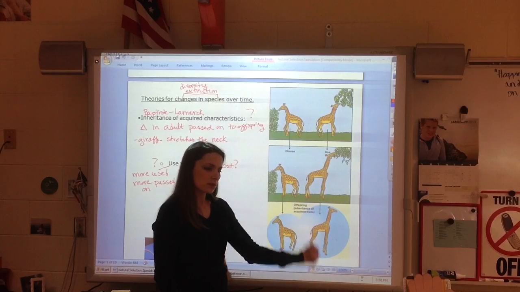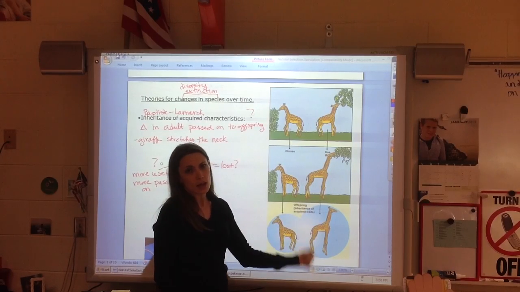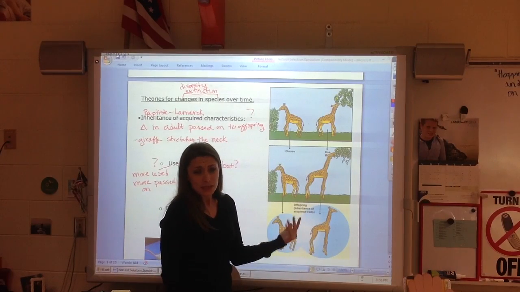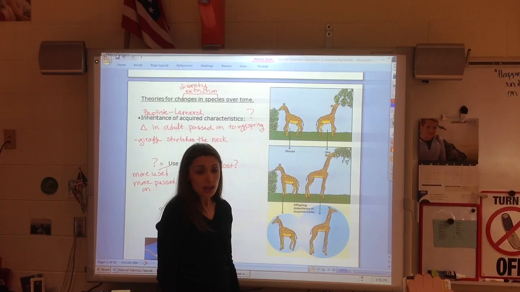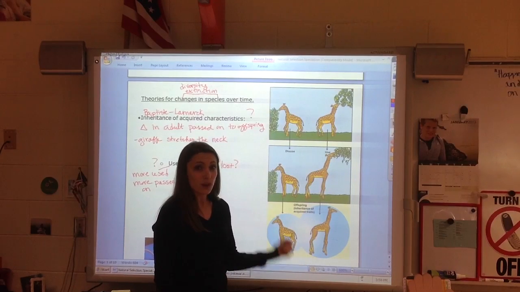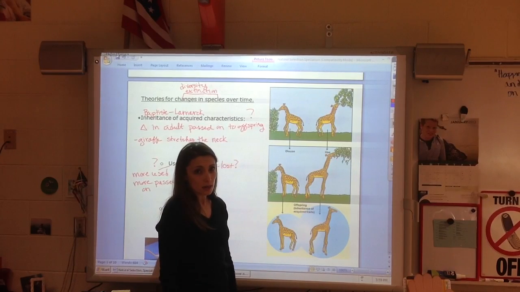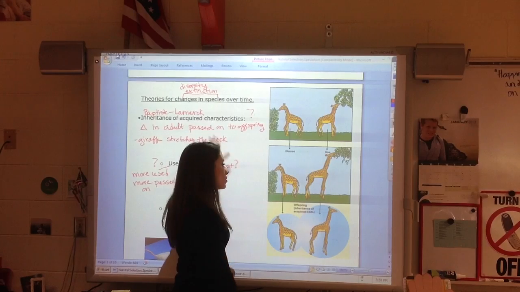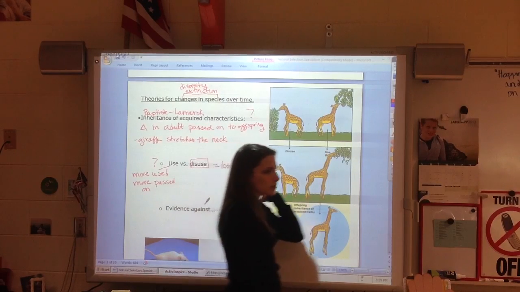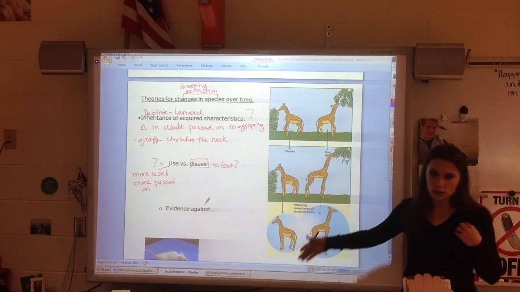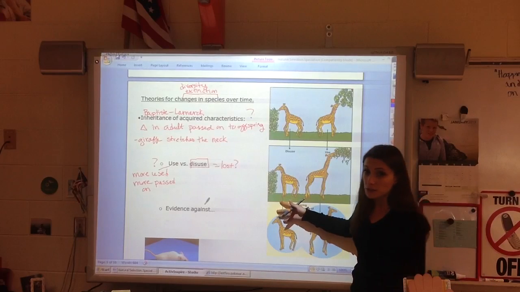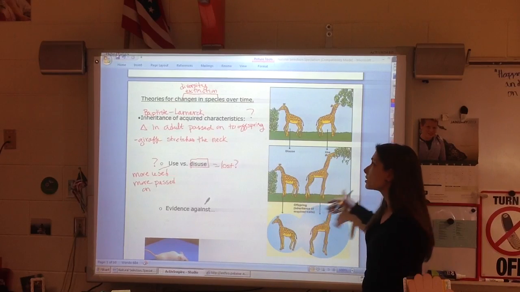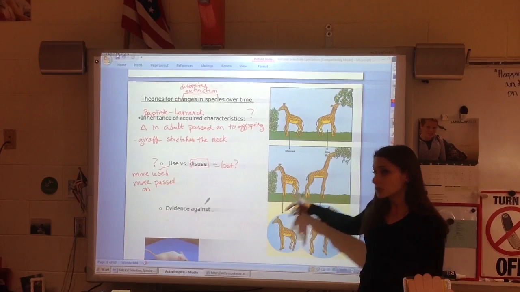It's just like the idea of building up a big muscle, like biceps, and then having a baby, and expecting the baby to come out with biceps. Even if that big muscle helps me survive, I can't pass that on to the offspring. So we started to have a lot of argument over how it is passed on to the offspring. Is it passed on because it was used? Because it wasn't used?